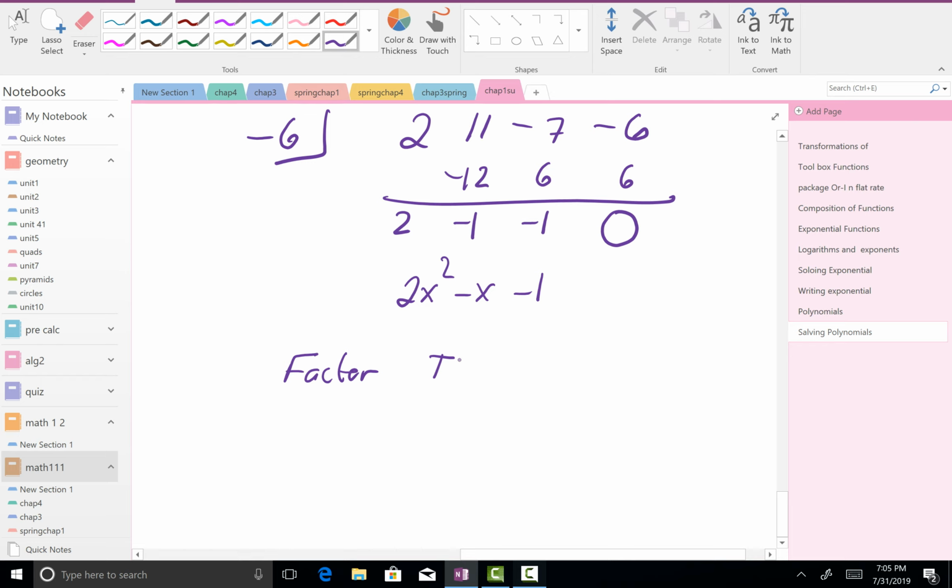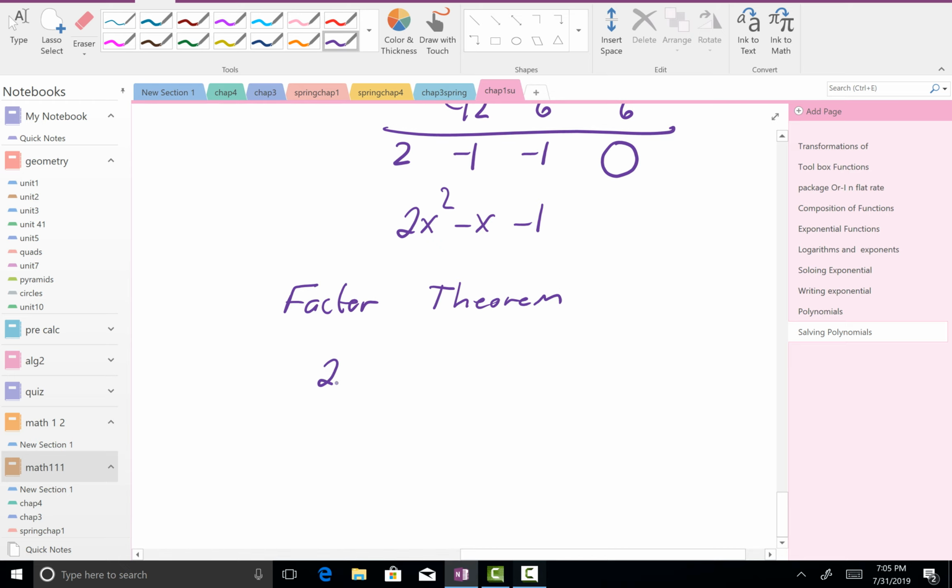All right? Now, the factor theorem is actually not so bad. And it just says, here is a polynomial, and it wants to know, is x minus 1 a factor?